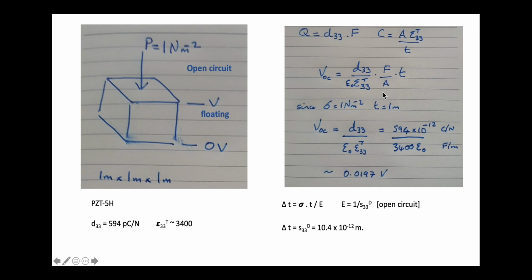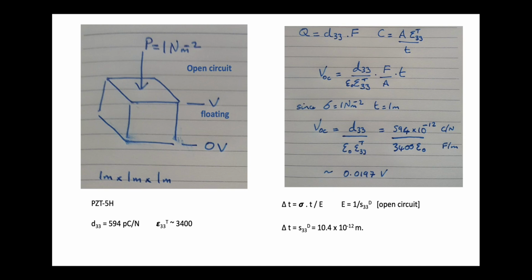So this is 1. My thickness is 1. So really, my open circuit voltage should be D33 divided by the relative permittivity times the permittivity of free space. And when I pop that in, I get 0.0197 volts. And what did I get? 0.0195 volts. So that's pretty good.